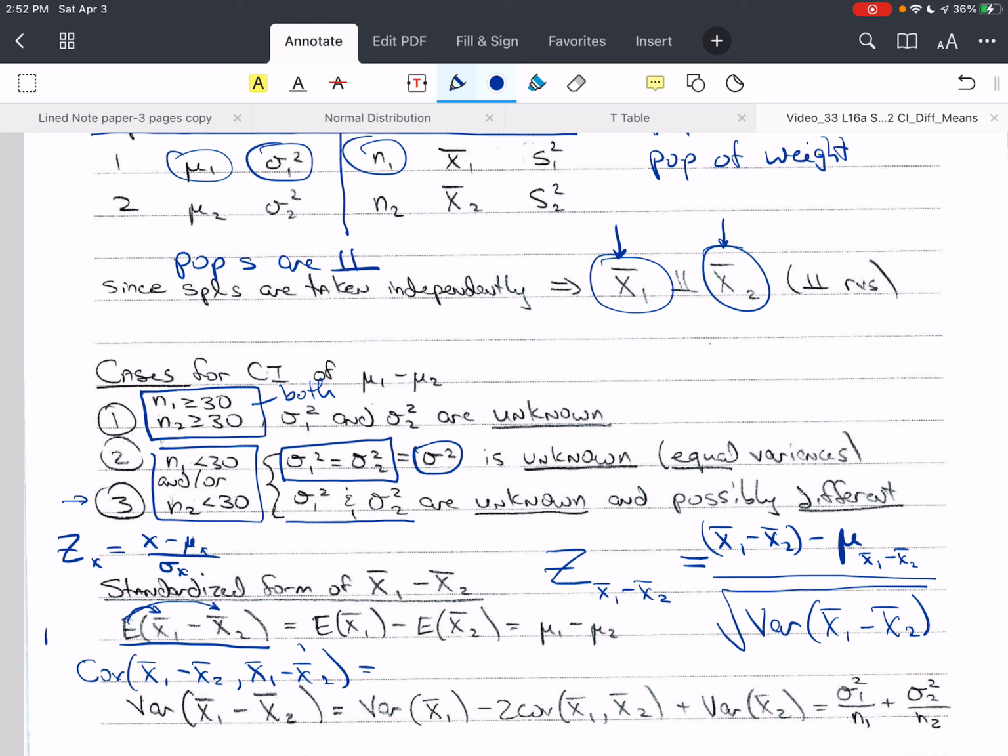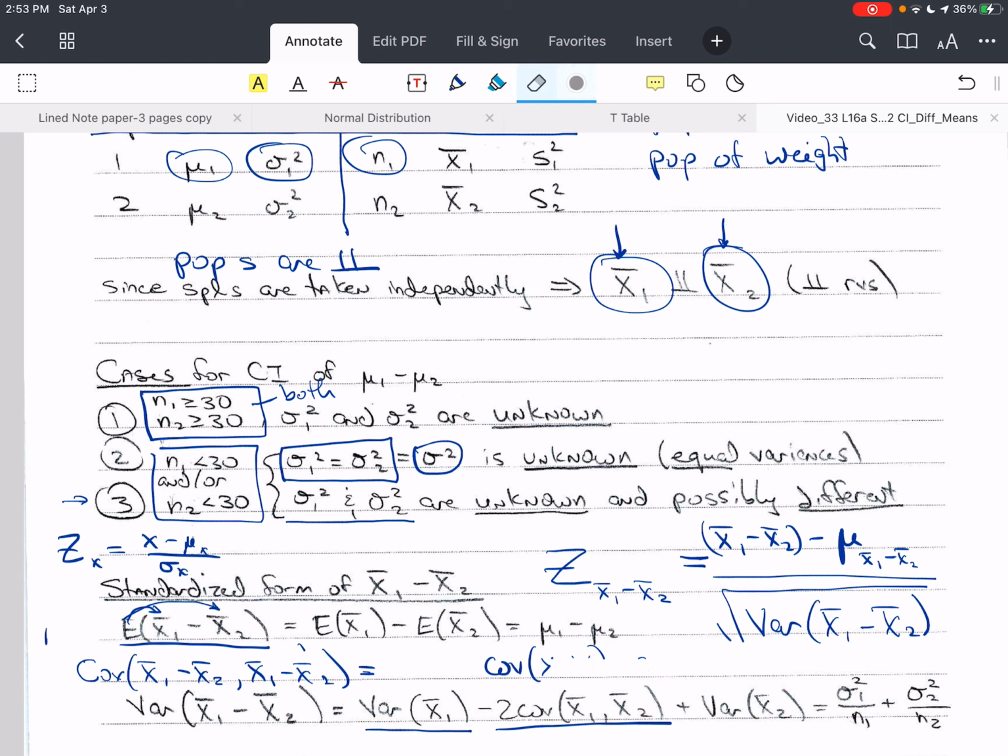We can use our property of covariances to figure out that we end up with the variance of x bar 1 minus 2 times the covariance of x bar 1 with x bar 2. Remember that the covariance of x and y is equal to the covariance of y and x, so the order doesn't matter.